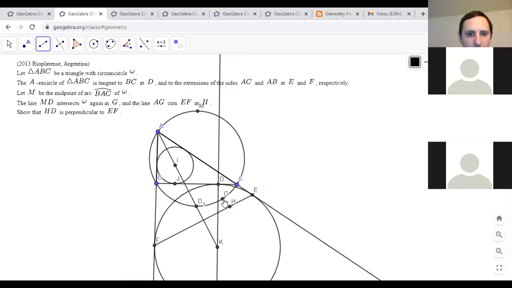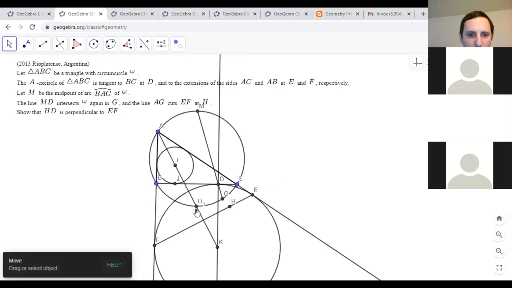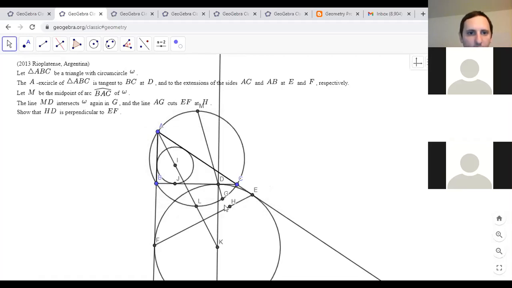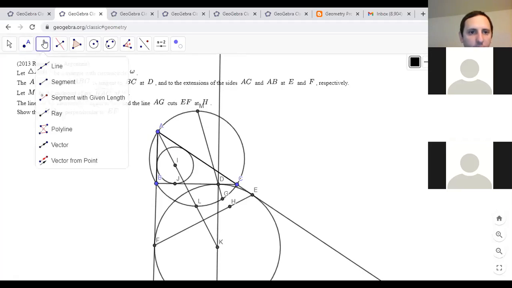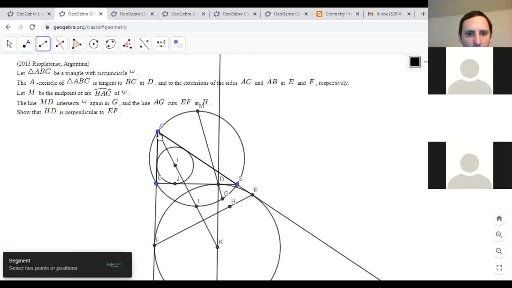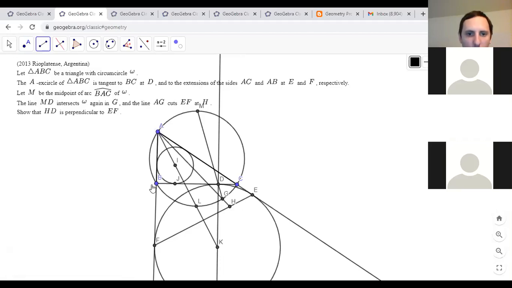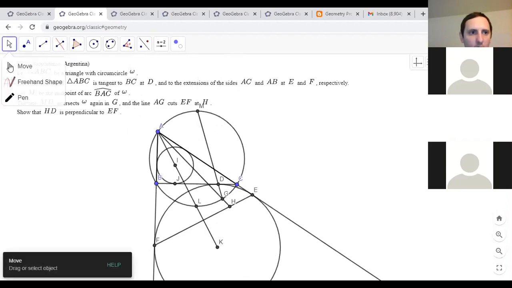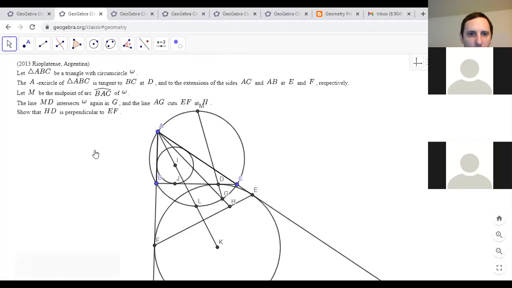How is G defined? MD and G are collinear, right? So let me rename this. I'll just call it L. And how did we define H? AG cuts EF at H. All right, and then I'm going to hide this line. I think that looks good.